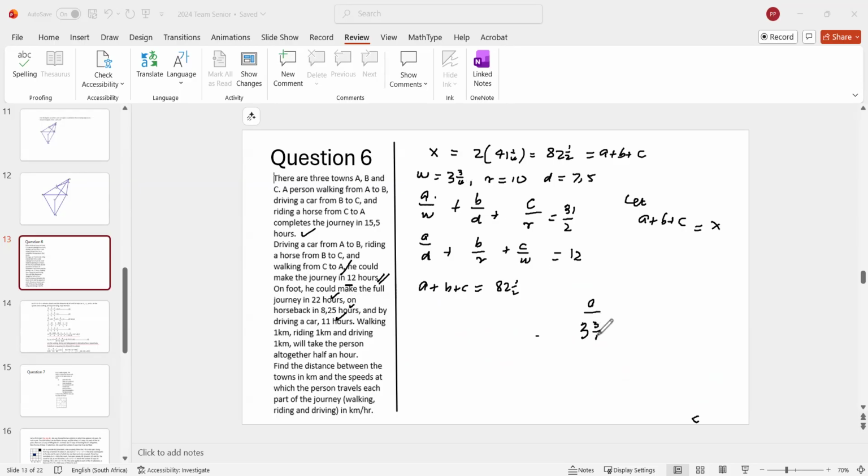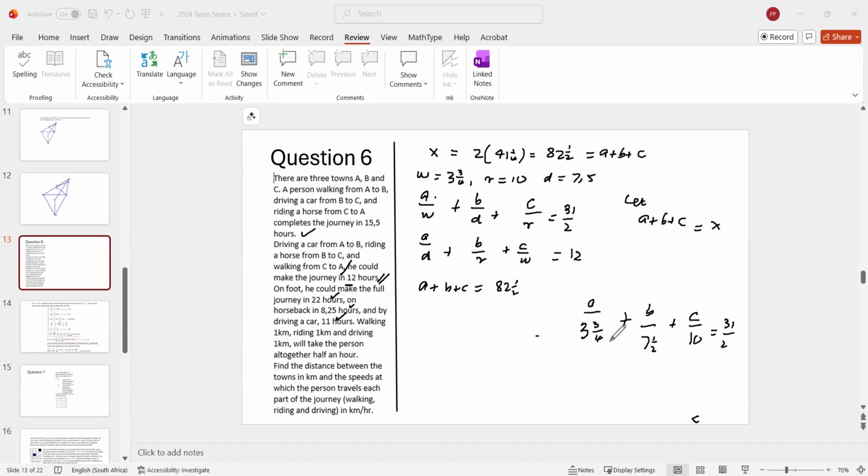Hey, very unpleasant numbers. Plus B over D. The D is 7 and a half. B over D plus C over R. I'm going to substitute for these 3 things. R is 10. C over 10. That's the only respectable radius. And you got 31 over 2.